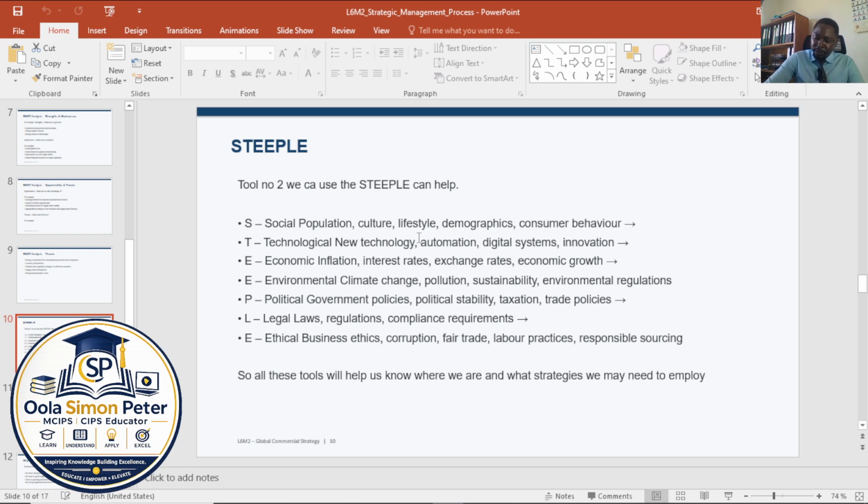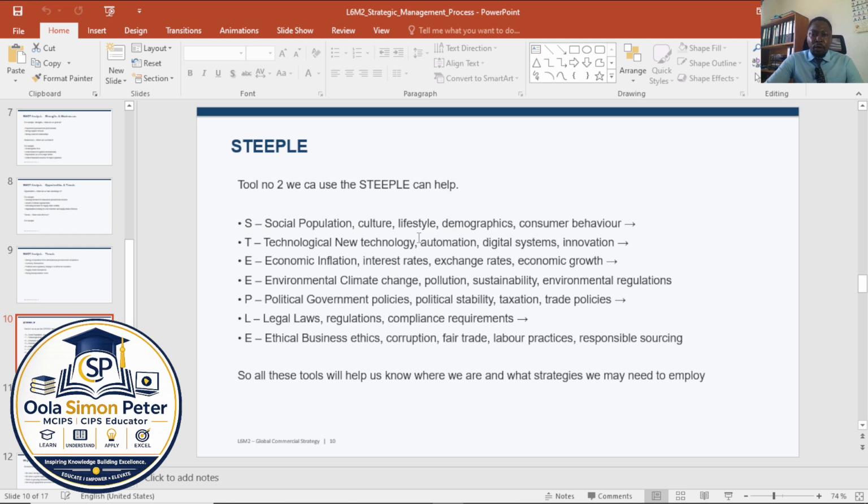How about the technology? Technology, we are talking about emerging technology, for example, the use of AI, the automation, digital systems, innovations. How is PrimeLink going to make use of these technologies to advance its vision and mission? E, for the economic factors, for example, inflation, interest rates, exchange rates.